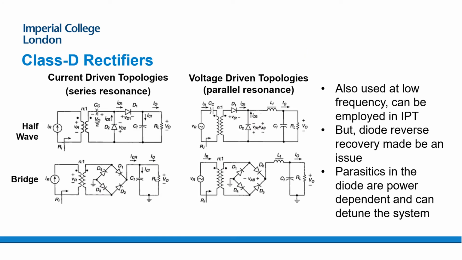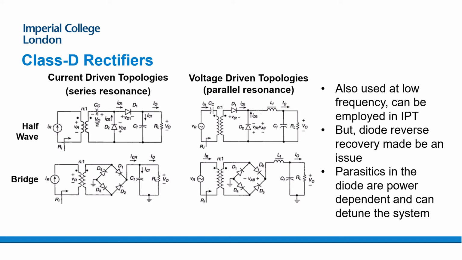So what does that mean in terms of the actual rectifier types that we might use on these systems? There's a difference here between whether we have a series or parallel resonance as to the type of circuit that we might want to attach on the receive side. This really comes down to whether the rectifier in question is a voltage driven topology or a current driven topology, and here I'm really referring to the time domain behavior of these circuits.